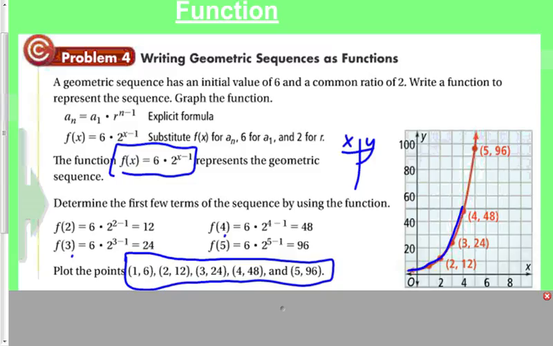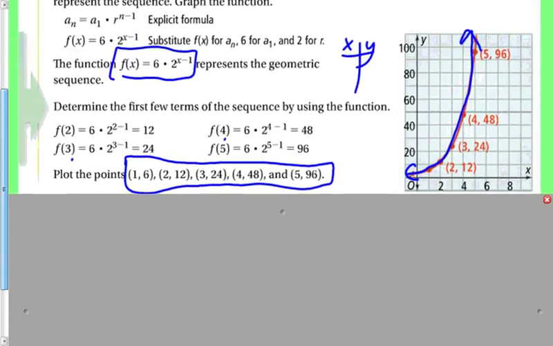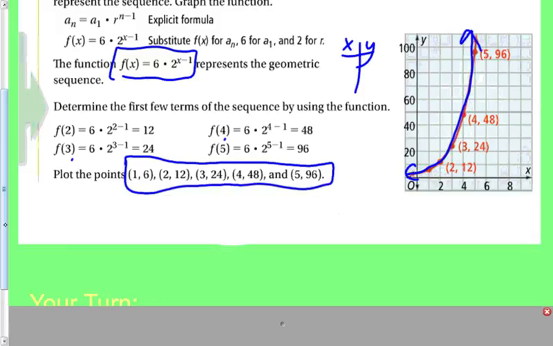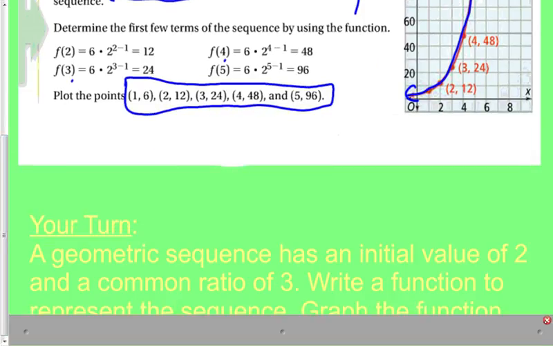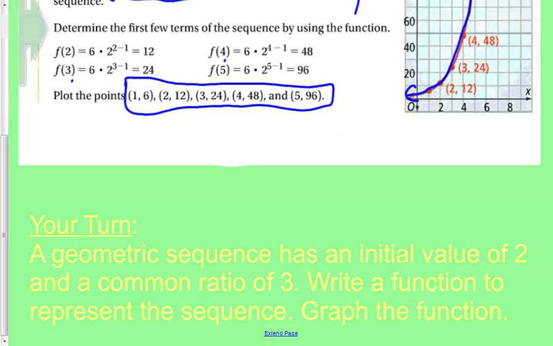So that's why this is part of this chapter, because geometric sequences are exponential, whereas the arithmetic ones were linear. All right. So if I tell you a geometric sequence has an initial value of 2 and a common ratio of 3, first write the function, and then show me what you would do to graph it.